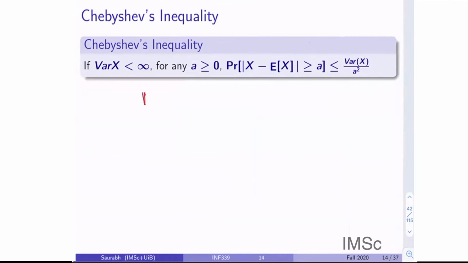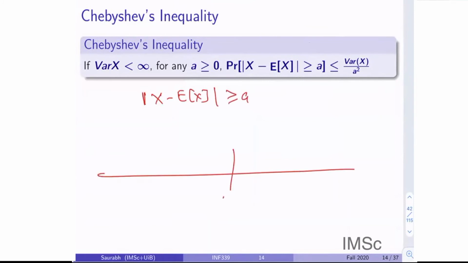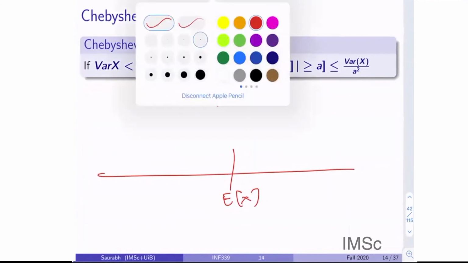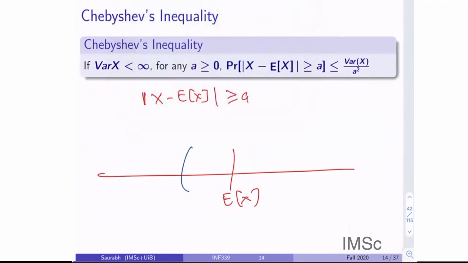This talks about |x minus E[x]| being greater than or equal to a. So here is my E[x]. What is x minus E[x]? What is the modulus of x minus E[x]? It means this place. What is this quantity?